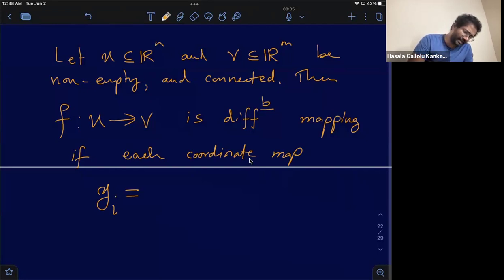So yi is composed by the images, that is just by the function.